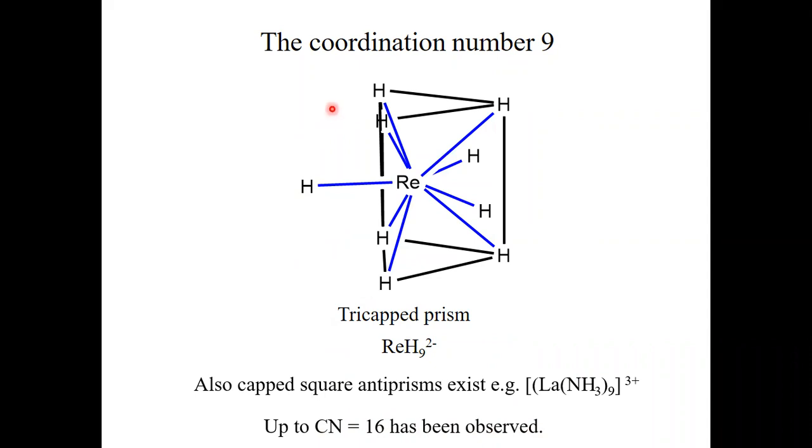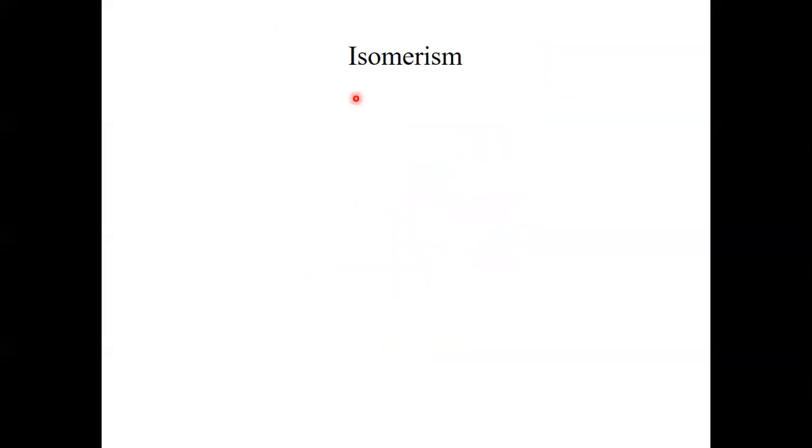So with this, we have now finished our chapter about the coordination numbers and the structures associated with them. We can now move over to the next chapter, which is about isomerism. You probably know isomerism from organic chemistry, where it plays an important role, but it's also important for coordination chemistry.